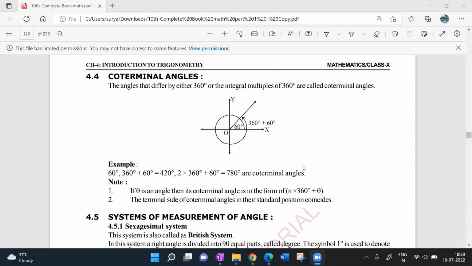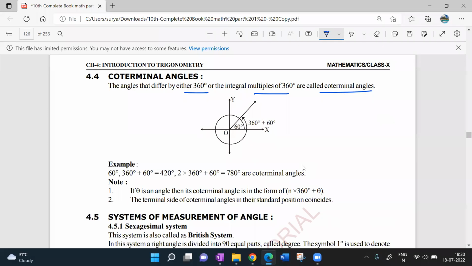Co-terminal angles are the angles that differ by either 360 degrees or integral multiples of 360 degrees.